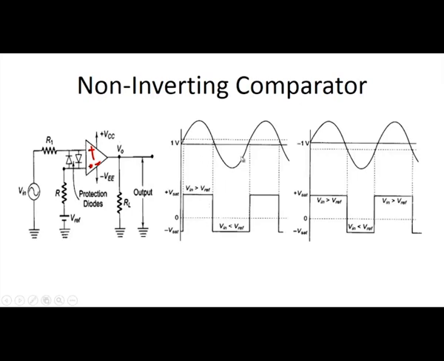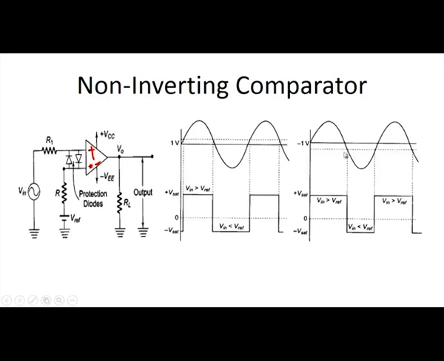And when you look at the other halves of the input signal, if the reference voltage is higher, then the output will have a negative V saturation. If the input voltage is higher than the reference voltage, then the output will have a positive saturation. This is for a positive V reference value.